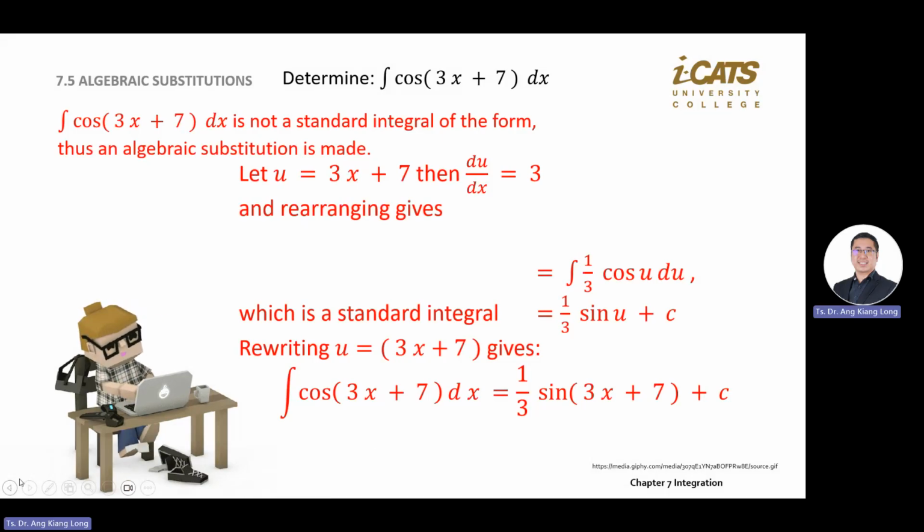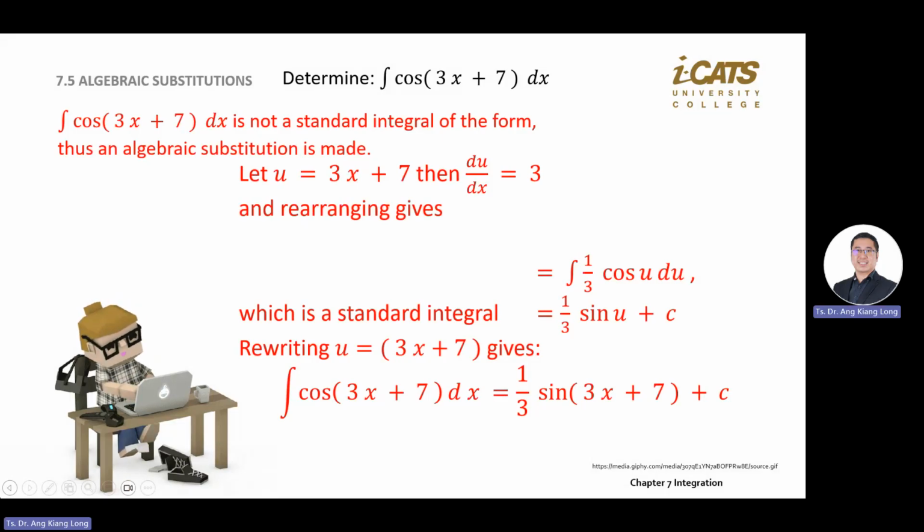Cos u, the bracket is u. How to convert dx in the u form? You have du dx equal 3. You move the dx to the right, then you pull the 3 to the left.